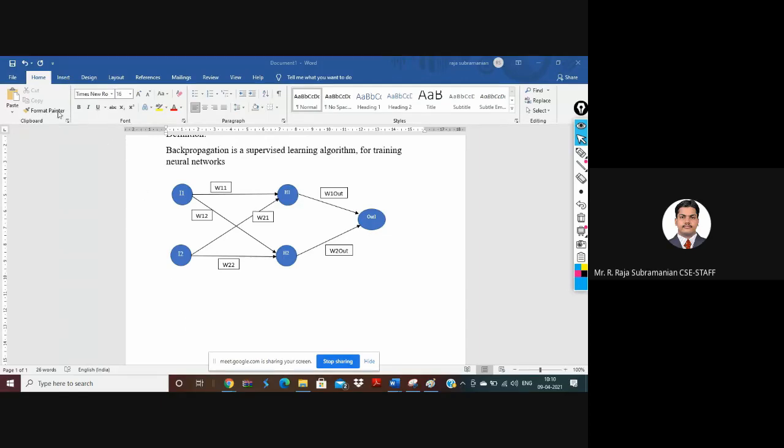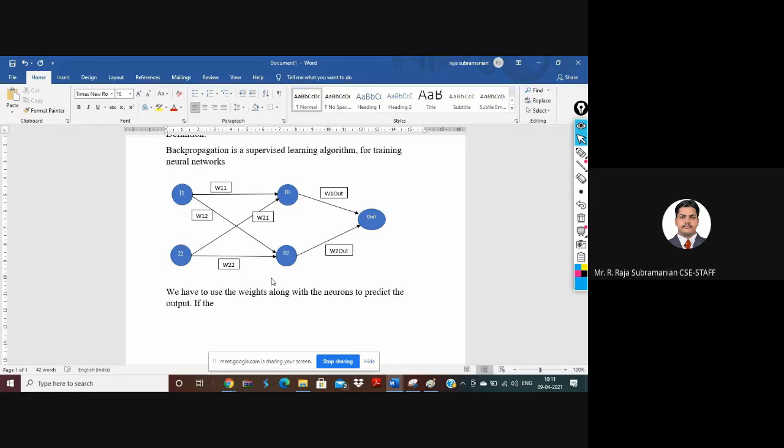So what is my motto now? We have to use the weights along with the neurons. By neurons, I mean these circles, these nodes, along with the neurons to predict the outputs.